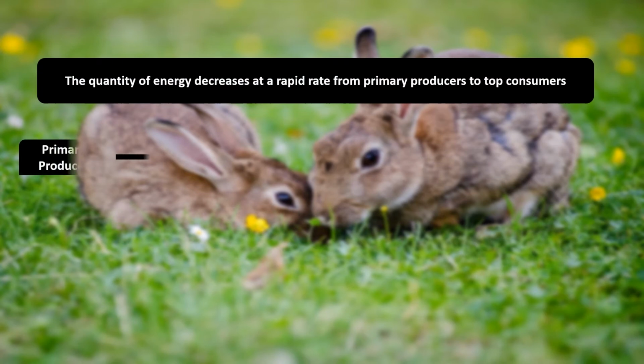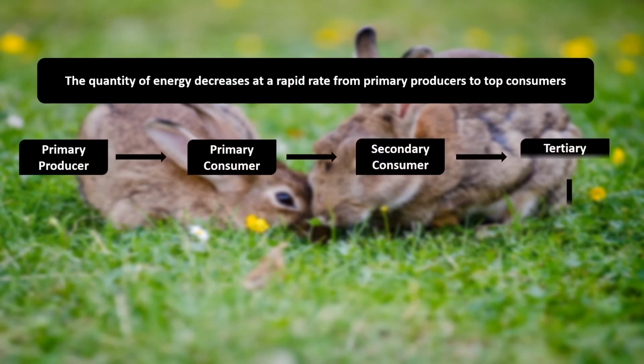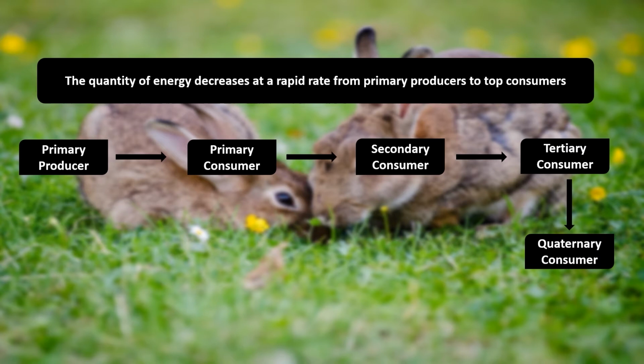So although the grasses are able to manufacture their own food, the energy which flows from the grasses to the grasshopper reduces as the food chain goes from the lower trophic level to the higher trophic level. The quantity of energy decreases at a rapid rate from the primary producers to the top consumers.